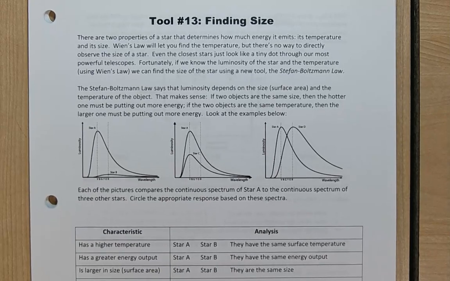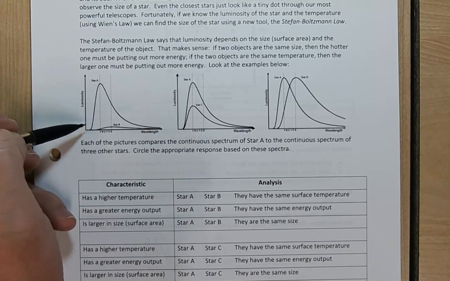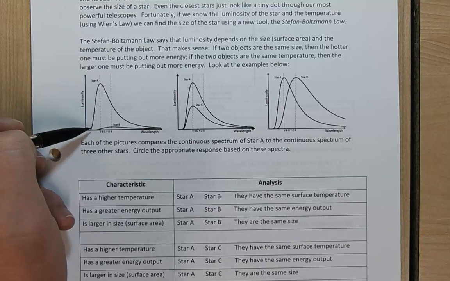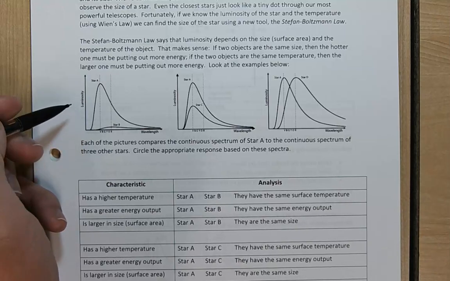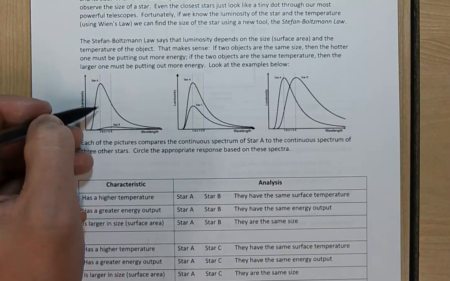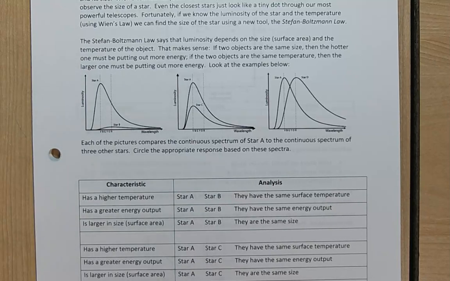And so we can look at the spectra here. What are these graphs, right? These are graphs of luminosity versus wavelength. So what's the luminosity? What is the energy emitted by the star at these different wavelengths every second? And just like when we were looking before, right?